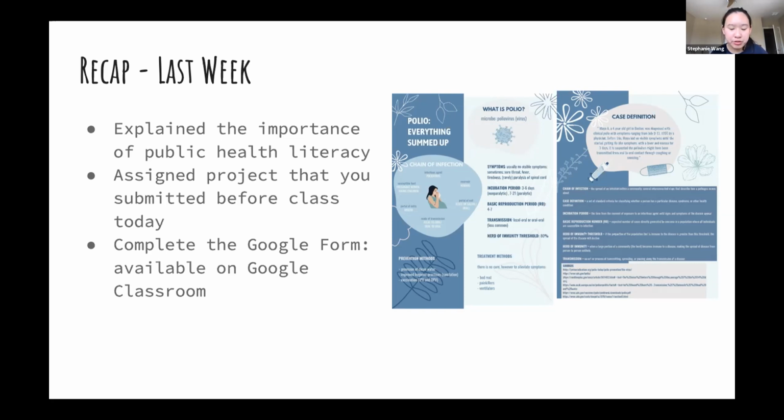The herd immunity threshold is the percentage of people who must get vaccinated or be immune somehow to the disease in order for herd immunity to work. And just to recap herd immunity, it's when a healthy person has a very low chance of getting infected in a community because so many people around him or her are immunized. And finally, transmission is the way that diseases are transmitted from one person to another.